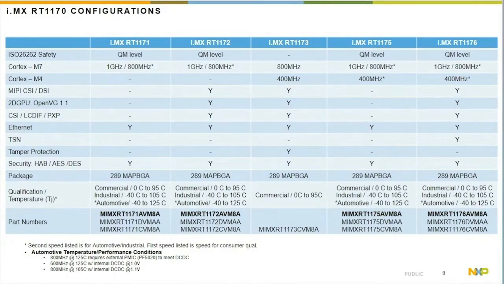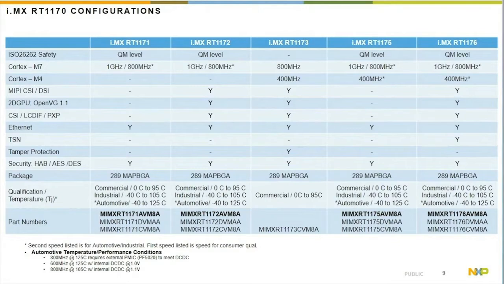So, depending on where you want to set that voltage, you'll get a varying level of performance that you can decide on. That second core is at 400 megahertz, and then the other functionality is that MIPI CSI DSI options, options for with or without the 2D GPU. If you don't need that and you want to take advantage of a lower power consumption, you can take advantage of that with that option.